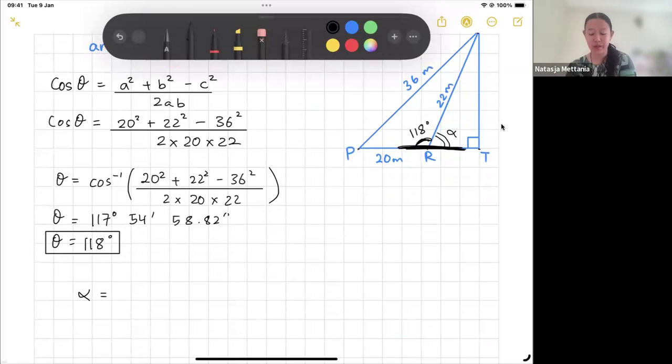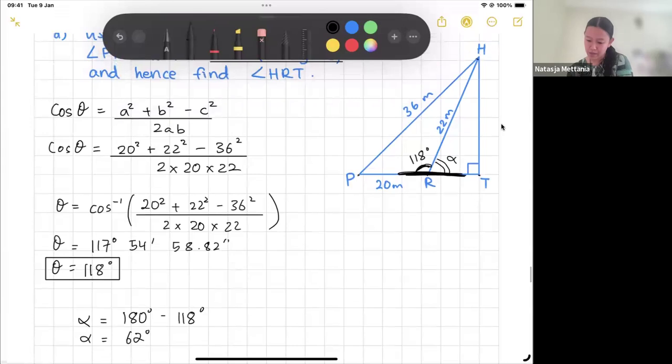So to find my fish symbol or angle HRT, I'm going to do 180 minus 118. Put that into a calculator and my fish symbol should be 62 degrees. So my angle HRT is 62 degrees. Simple.